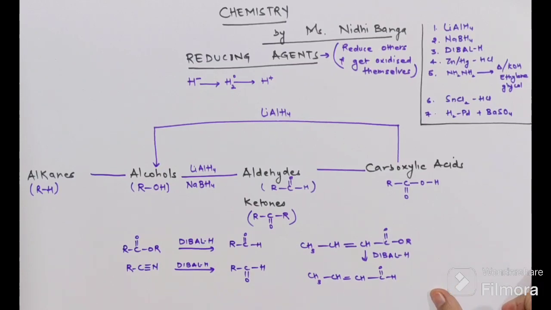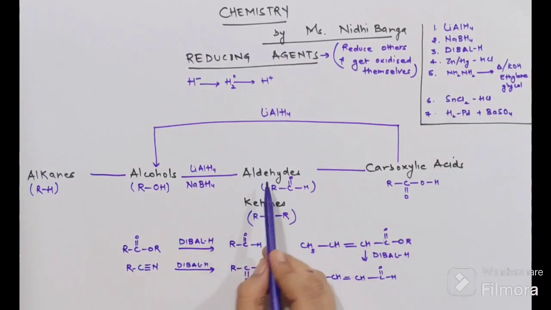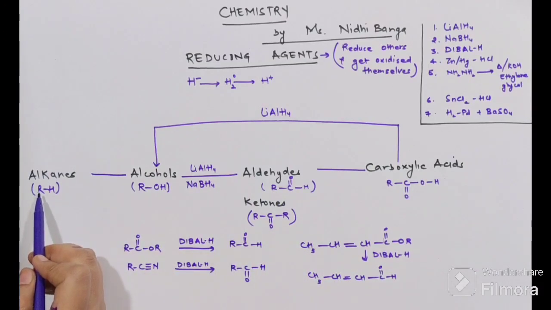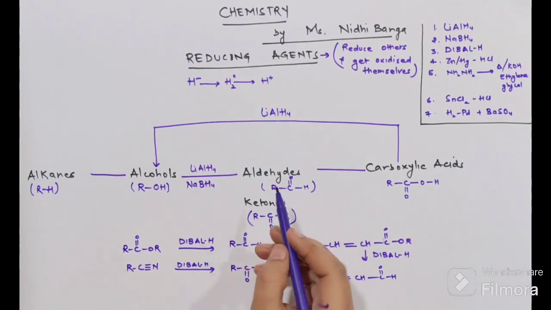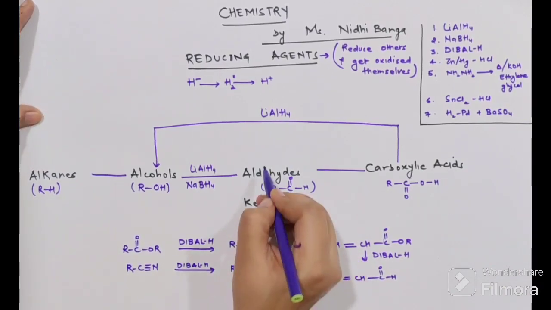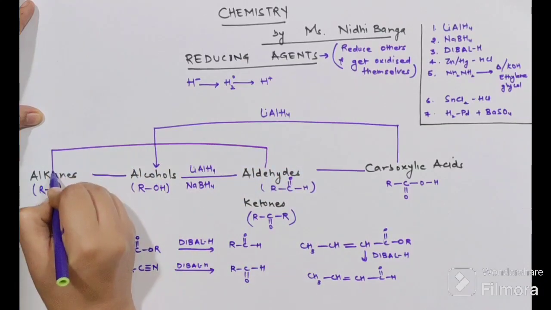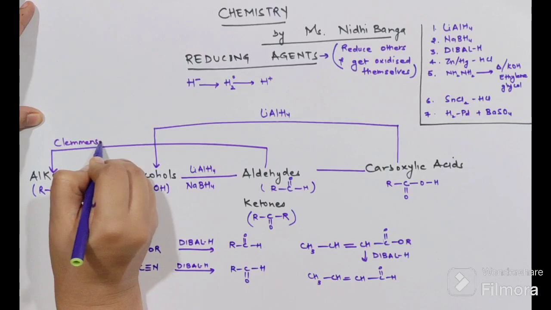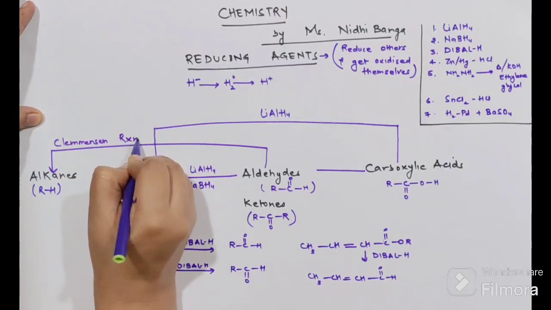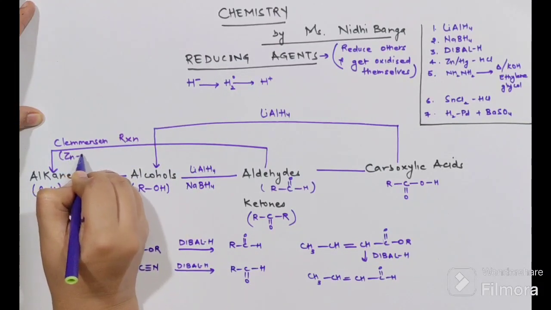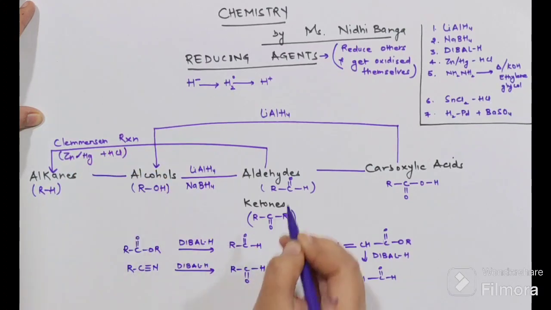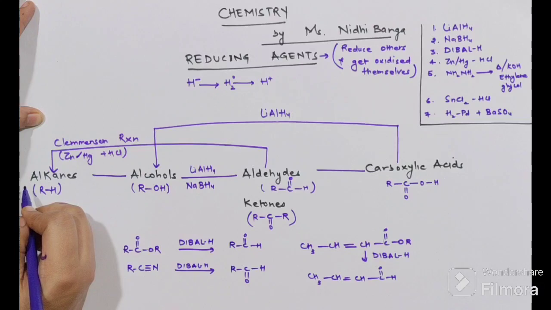Next up is converting aldehyde or ketones to alkanes. For that, we have name reactions. One name reaction is Clemmensen reaction, which uses zinc amalgam in presence of HCl and converts aldehydes or ketones directly to alkanes.